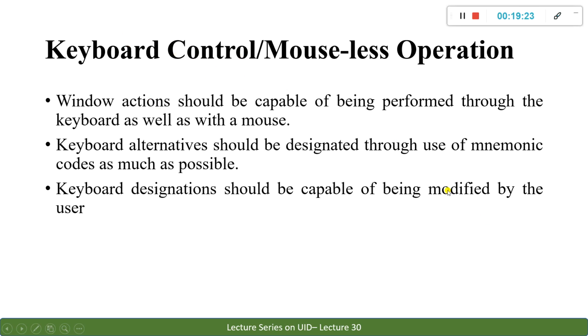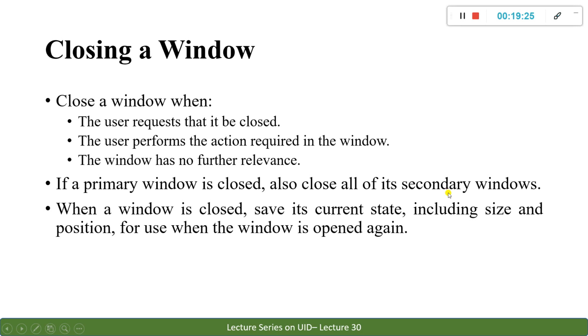Lastly, the last kind of operation that you can provide for a window is closing a window. Now, whenever a user is working on something, when should he be capable of closing the window? He should be capable of closing the window under three actions. One is the user is requesting that it should be closed.